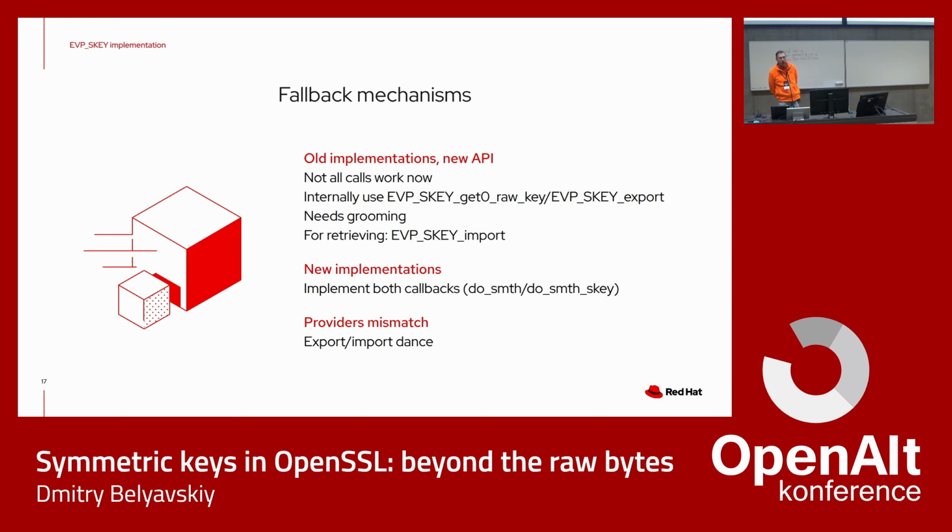And if you have a key created in one provider and you have to use it with an implementation taken from another, you have no other way than the so-called export-import dance, when you first get the raw bytes from the key, and then try to reconstruct an object in a compatible way for the new provider. It's all done inside the EVP API. You don't have to perform this dance manually.